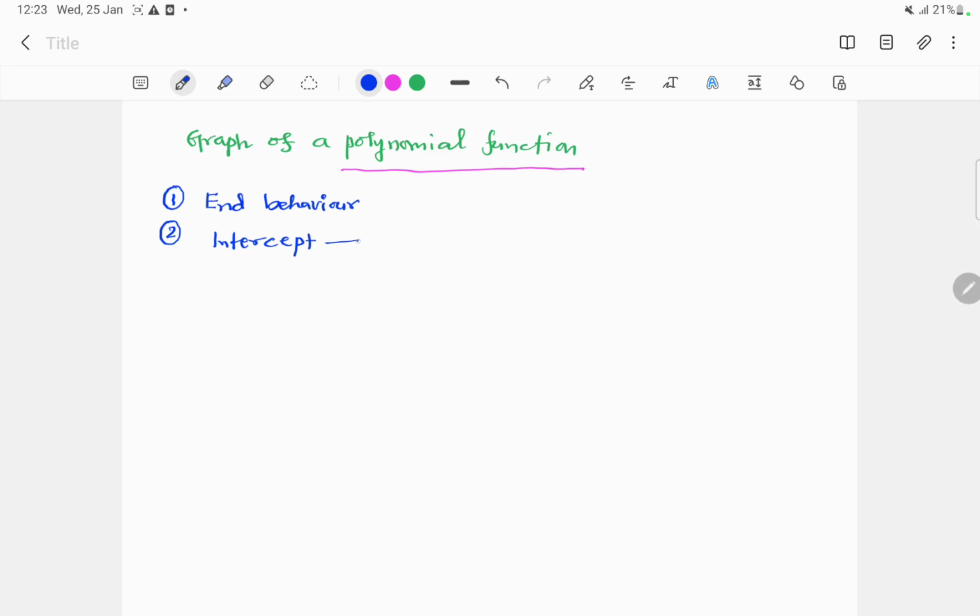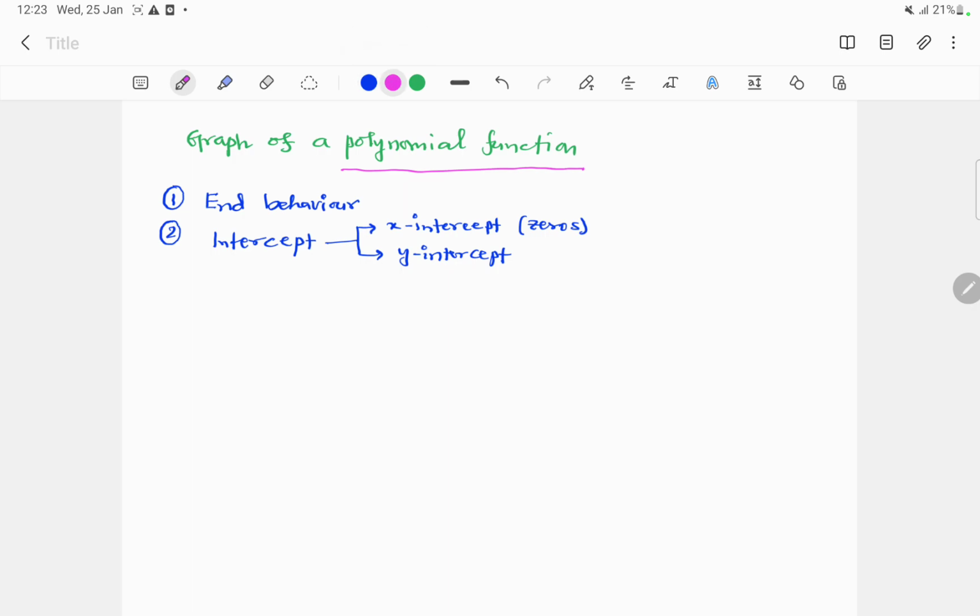The x-intercept is sometimes called the zero of the polynomial, and then we calculate the y-intercept. So basically we will focus on these two things when we graph a polynomial function.